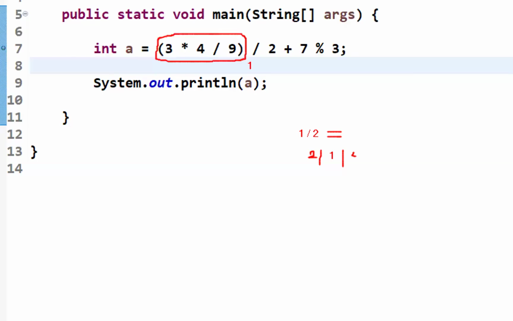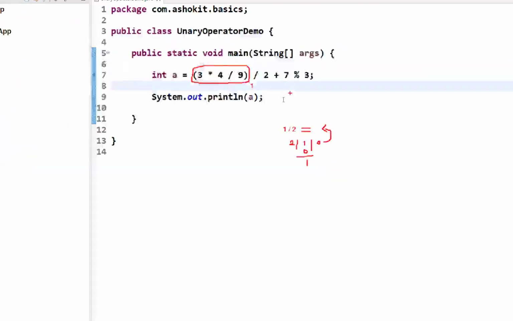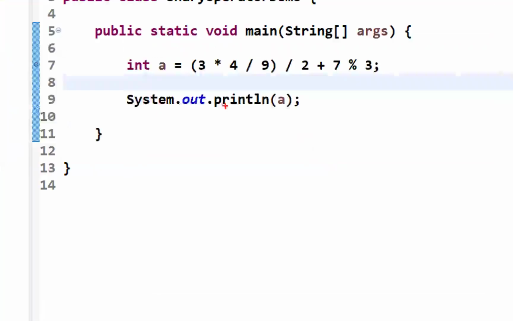I'm writing with the mouse, so it's not good, but no problem. 2 zeros 0, right? The remainder is 1, but what do we want, the remainder or the quotient? Quotient. The quotient is 0. So what is the output of this entire expression so far? 0.